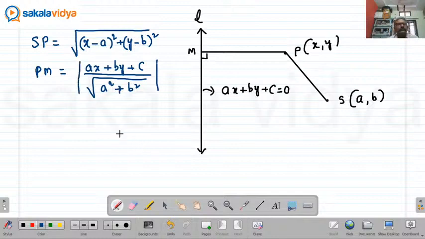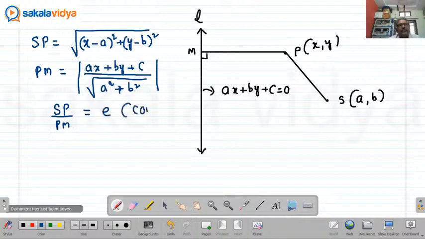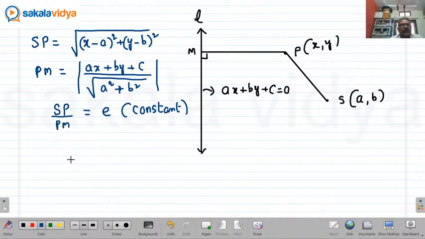So now SP by PM, take some E which is a constant ratio. If you cross multiply, what do you get here? SP equals E times PM. The locus of P which moves such that SP by PM is equal to E is called a conic or conic section.